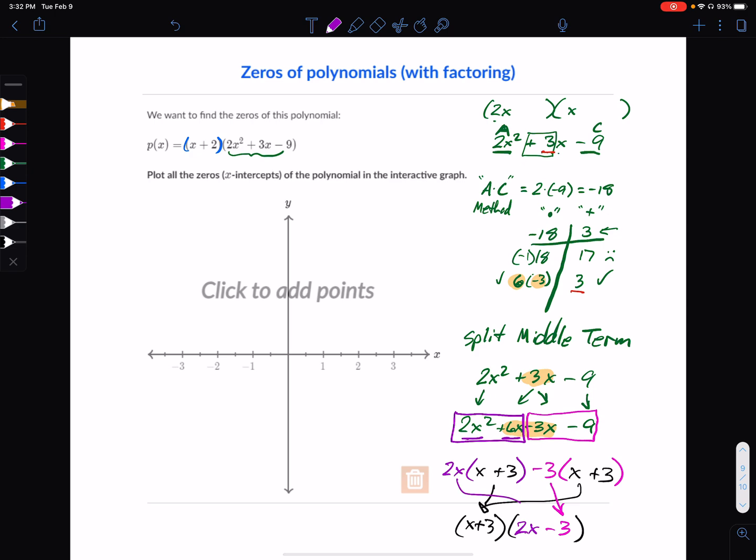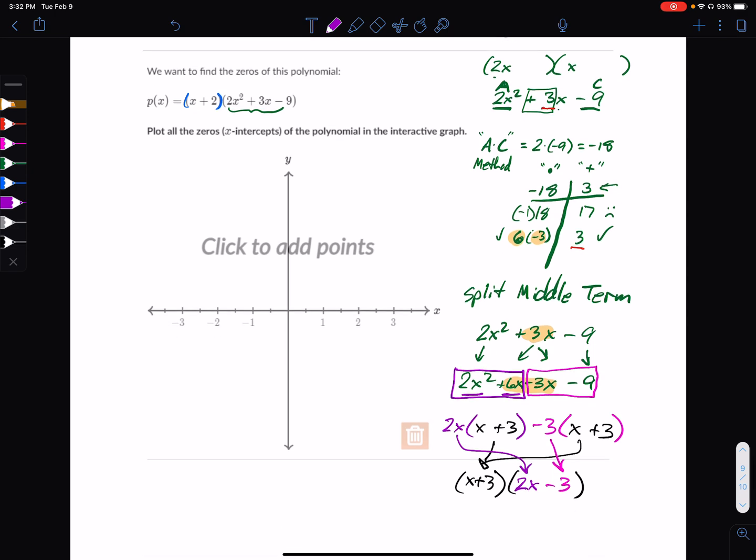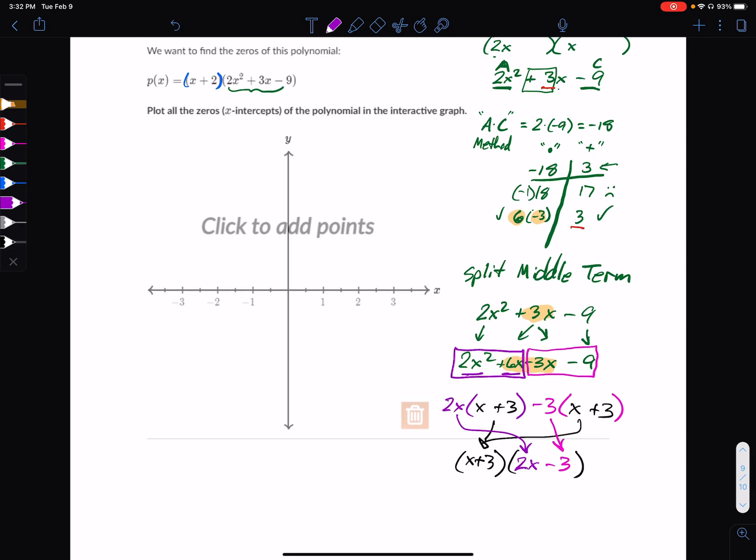So we've successfully factored that quadratic, so I can rewrite p of x now, fully factored, as, I think I used blue, so x plus 2. Okay, and that's going to give me a 0 at -2. I could kind of just write these zeros above these factors here. Then we got an x plus 3 factor and a 2x minus 3 factor.